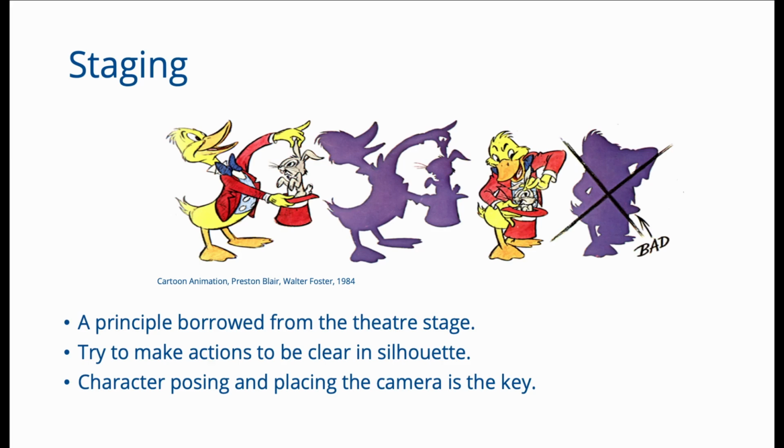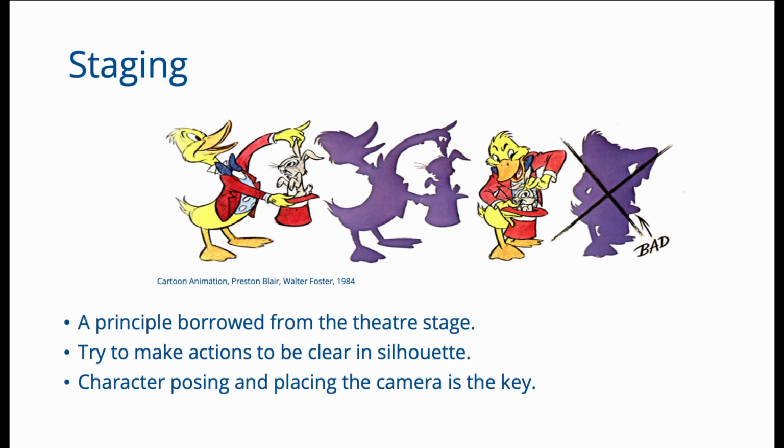The animation has a similar principle that says that the position and the orientation of your characters with respect to your camera has to be such that the movement is clear in silhouette. So the silhouette, so you see the duck taking the rabbit out of the hat. You see the first image.